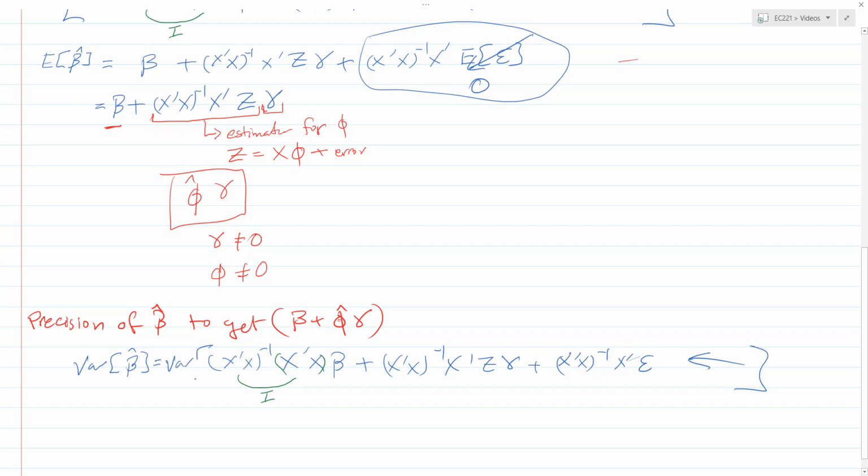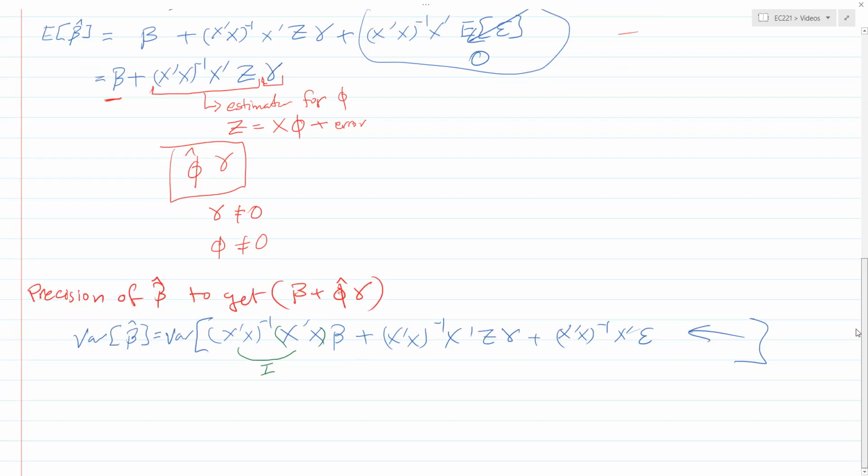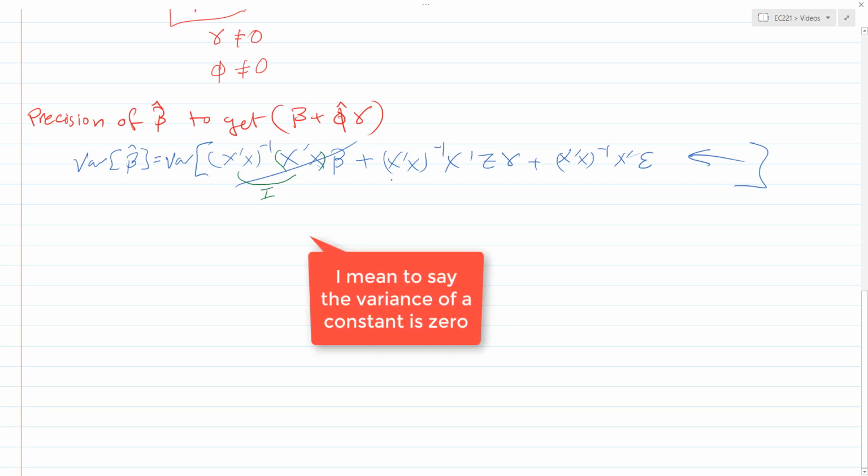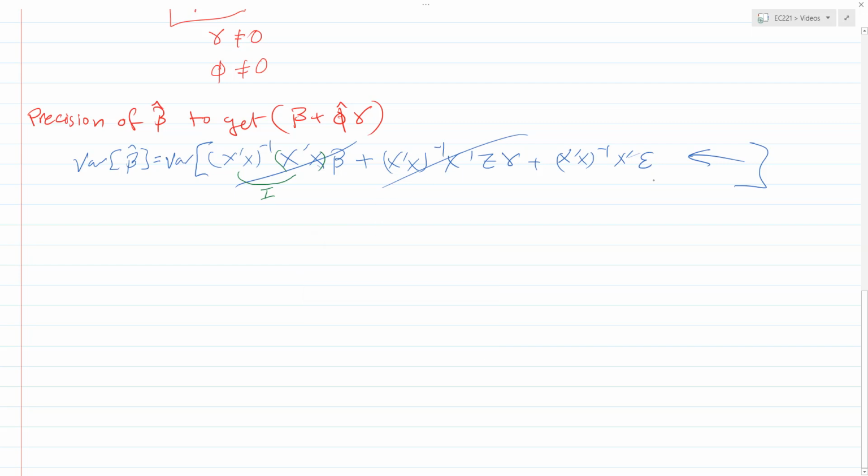We know that the first term is just beta, which is a constant, so it drops out, because the variance of a constant is a constant, obviously. This is fixed, so it drops out for the same reasons. But we have a random variable here, epsilon, multiplied by a constant. So they both go to the next step: the variance of (X'X)^-1 X' epsilon.